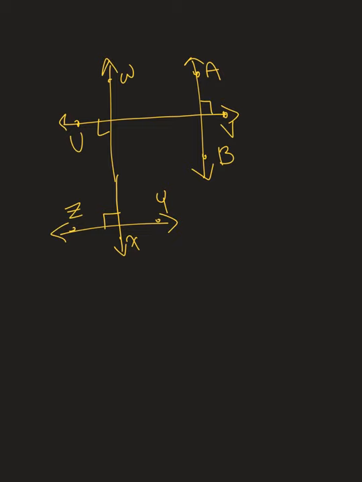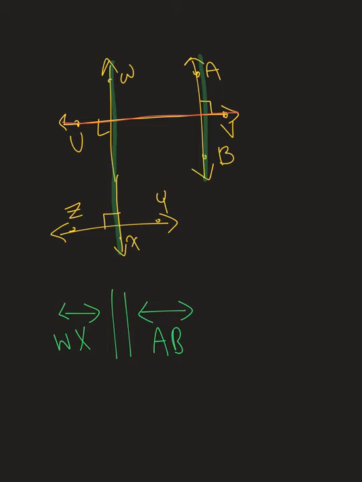So when I'm looking at this, you should be able to take a look at it and know that WX is parallel to AB. So line WX is parallel to line AB. And if you also see here that line UV is parallel to line ZY.